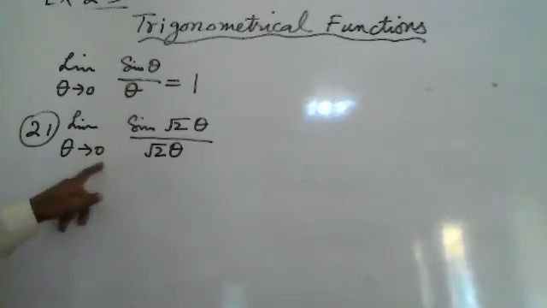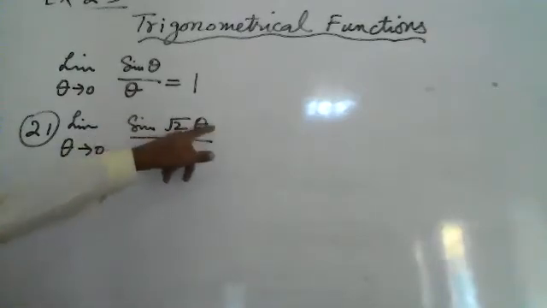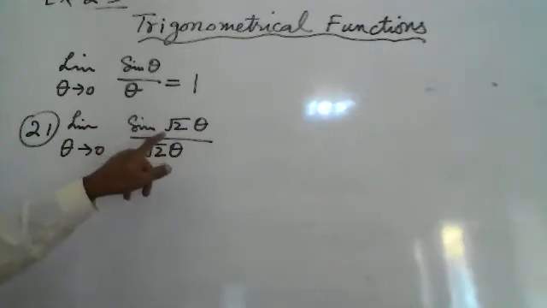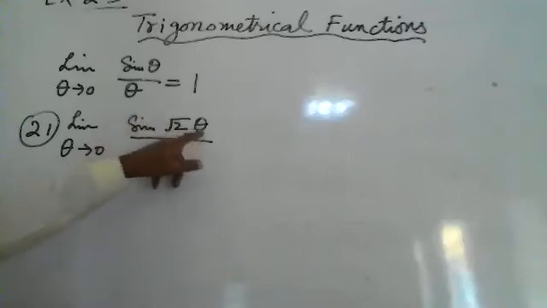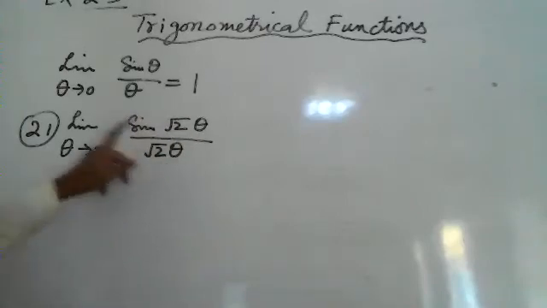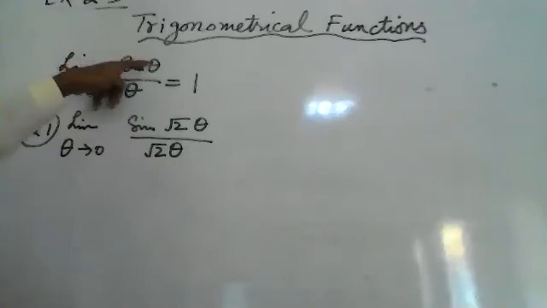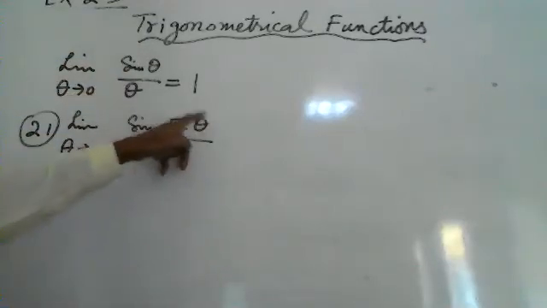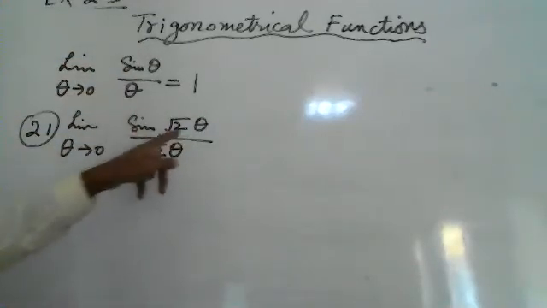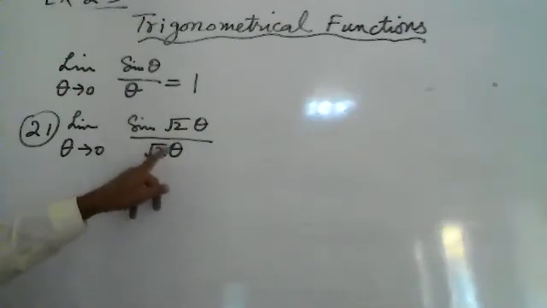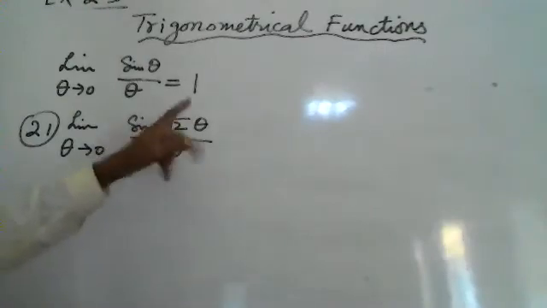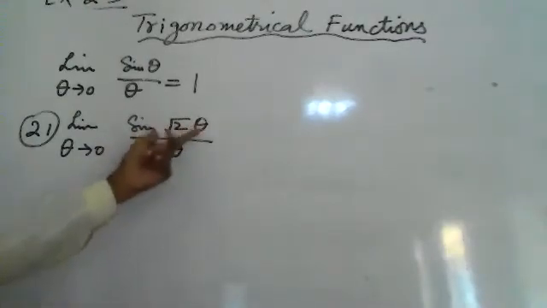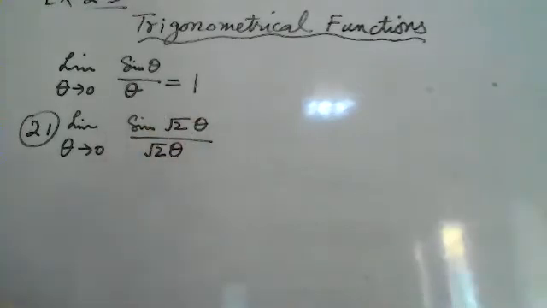So when theta tends to 0, sine of the same angle, under root 2 theta, divided by under root 2 theta. The angle tends to 0 when I put 0, and this is also 0, so the same angle is there up and down. Therefore, the limit will become 1.